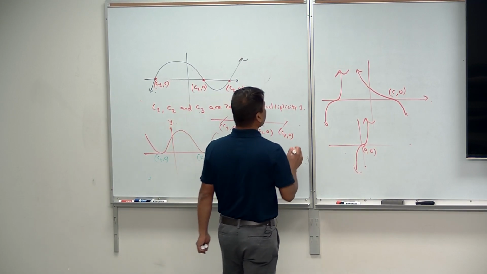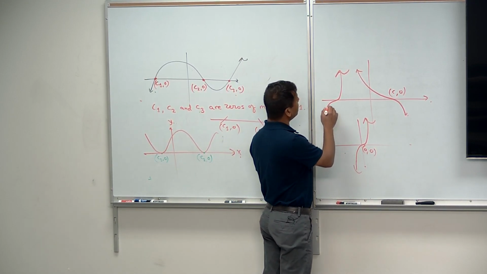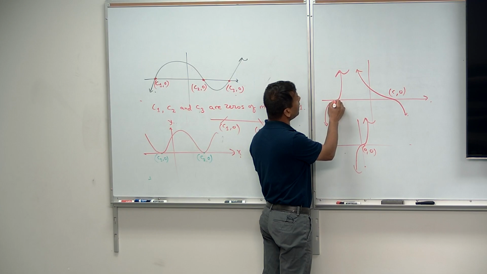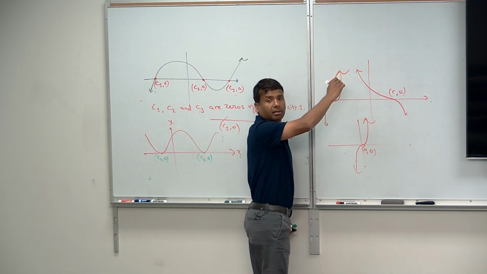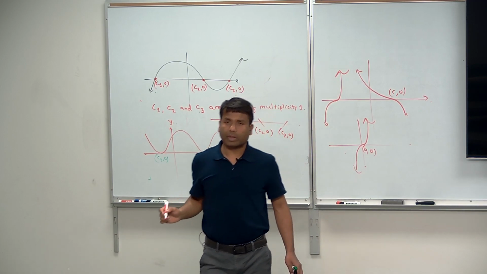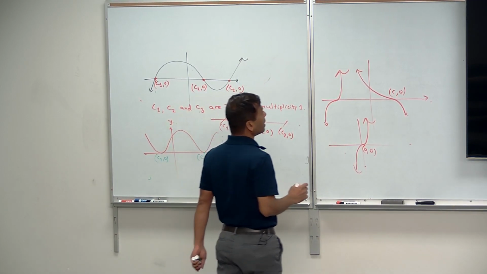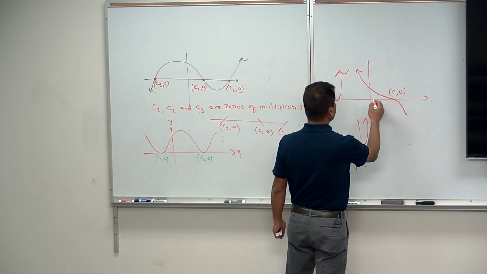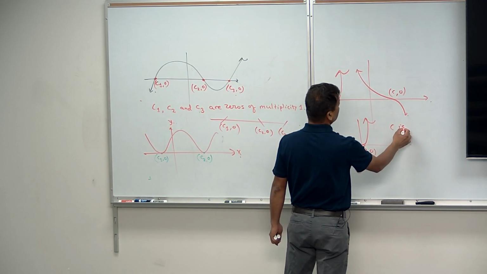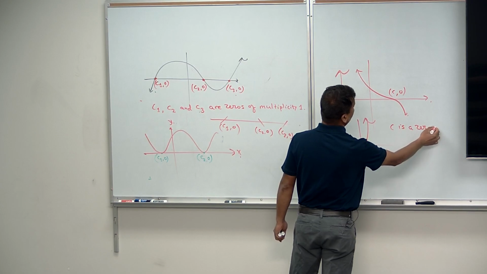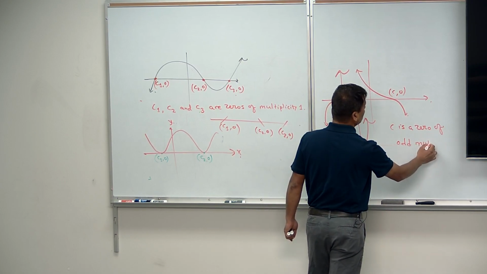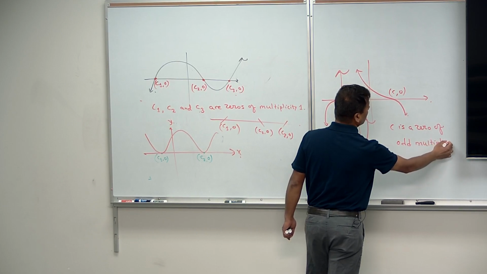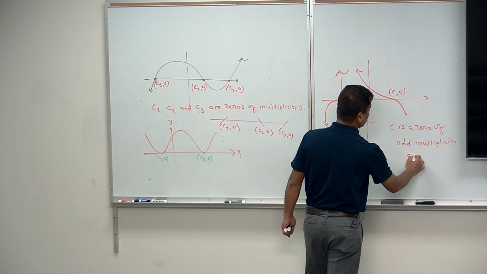So here, did you see that? You see the graph tangent and as well as what? Crosses the x-axis. So that means you can say that this point C is a zero of odd multiplicity greater than 1.